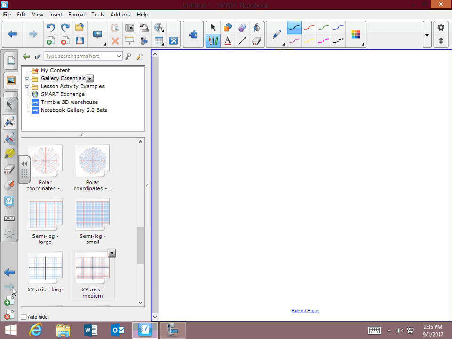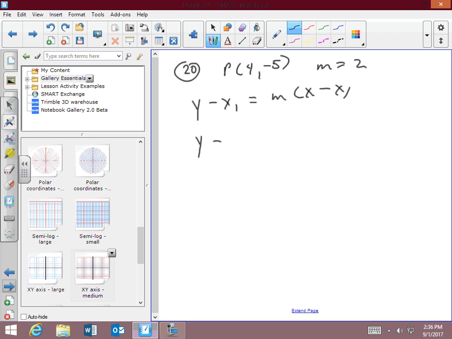Okay, I'm going to do 20. It says your point is 4, minus 5, and your slope is 2. So I'm going to put y minus, and what am I going to put in for y1? Bracket minus 5, aren't I?